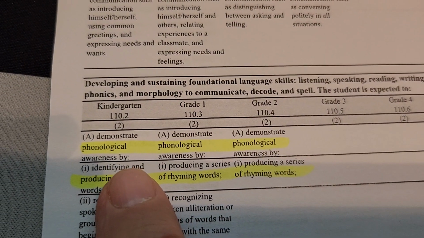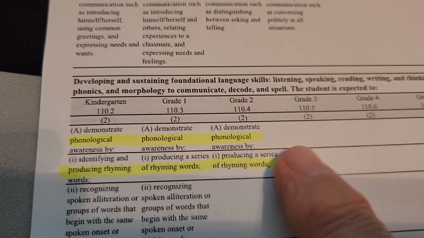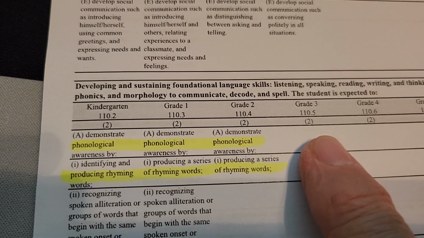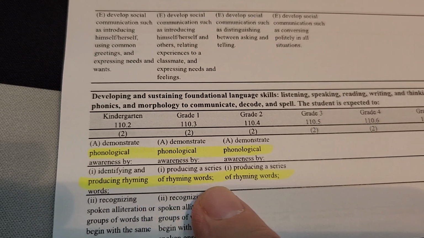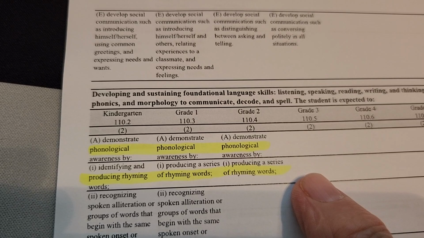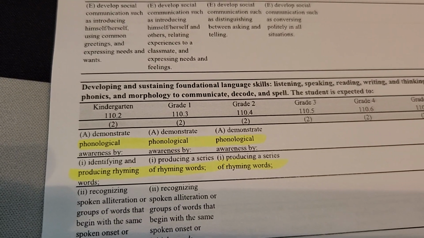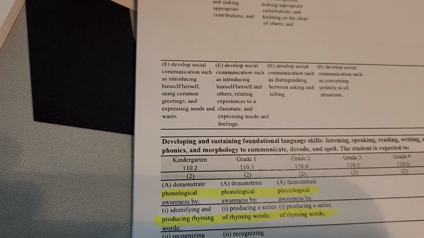Here phonological awareness is taught in grades K through 2, so phonological awareness instruction stops at grade 3. And again, you have teaching through producing rhyming words, which is pretty similar to what the TEKS had, except the vertical alignment document allows you to see the scope of it.